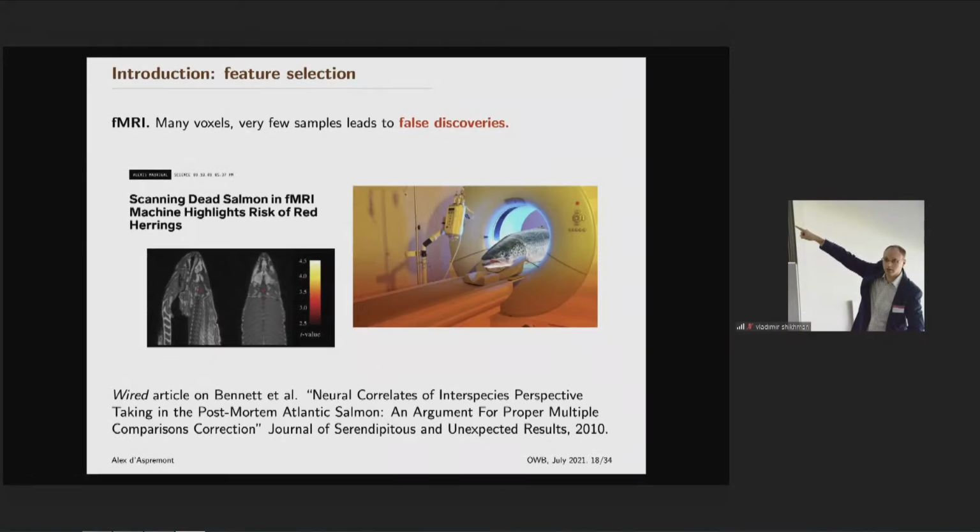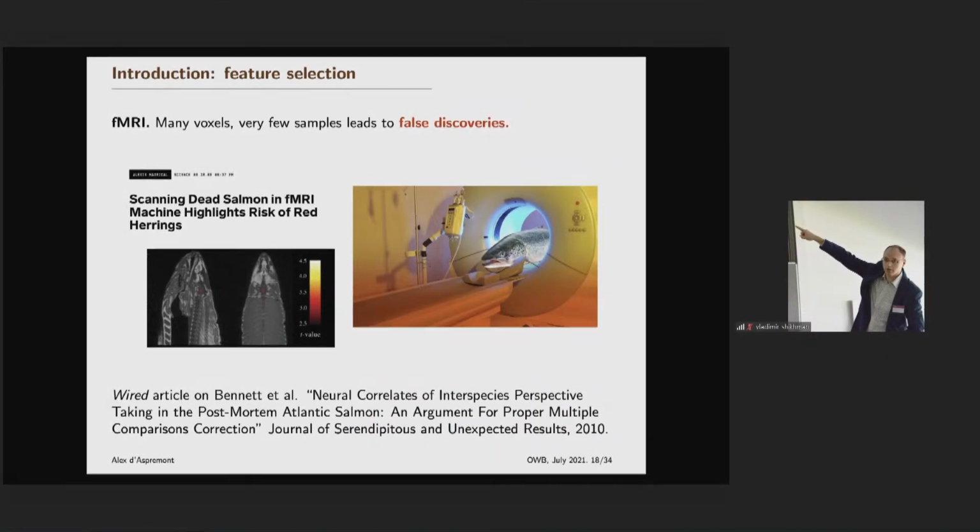And so a number of authors tried to illustrate this caveat by doing a very simple experiment. They put a dead salmon inside one of these fMRI machines, and they asked the dead salmon to perform a certain number of classification tasks, and then they recorded the activity in the dead salmon brain.